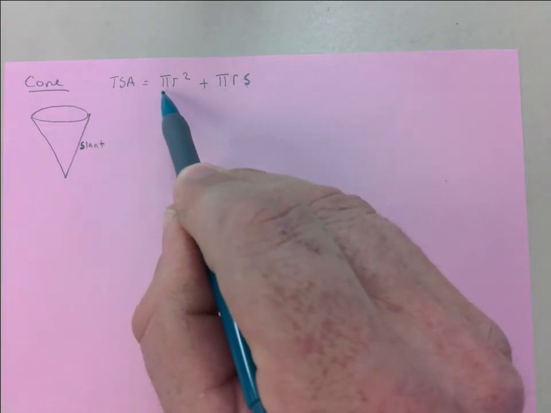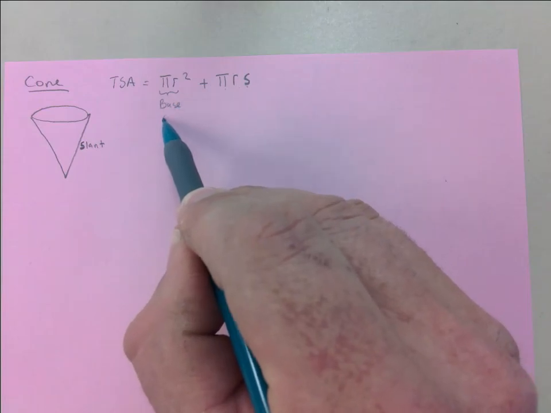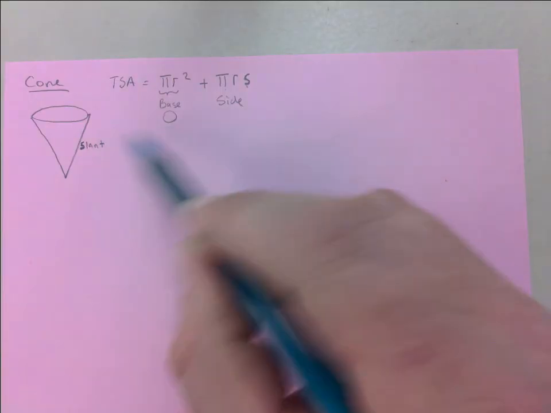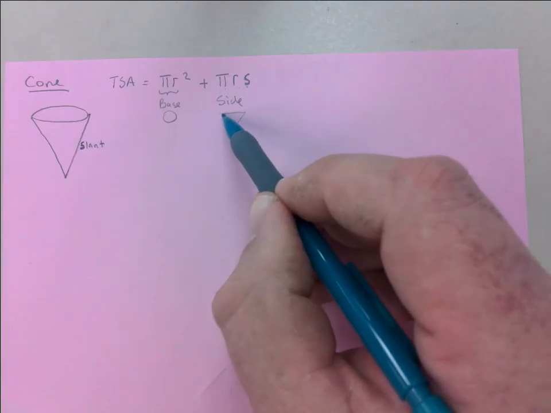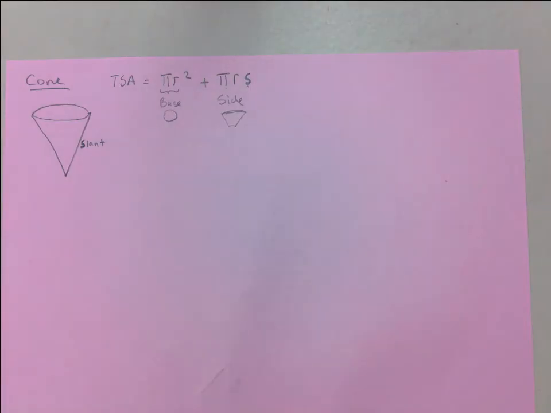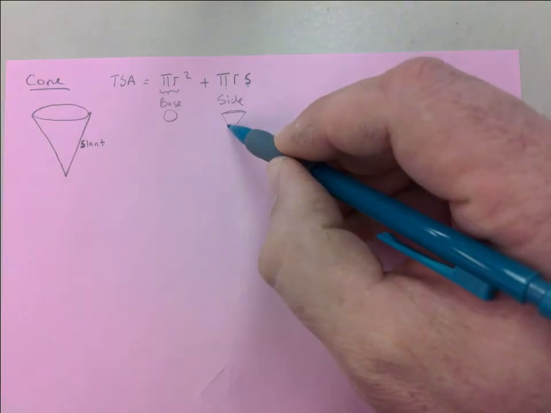So when you're dealing with the surface area, you want the surfaces around it, you go pi r s. So this is basically the base, which is the circle, and this is the side. Okay, if you were to open this up, probably look like this, right? Like the side there. So keep that in mind. Actually, it should be pointed, sorry.